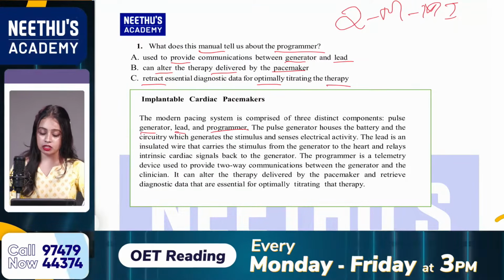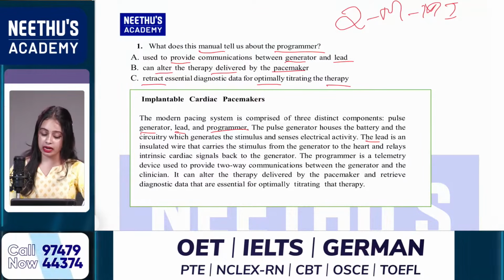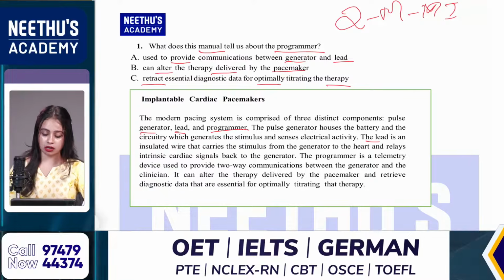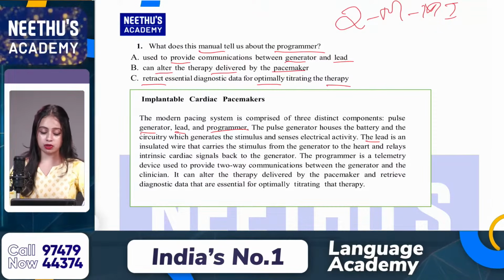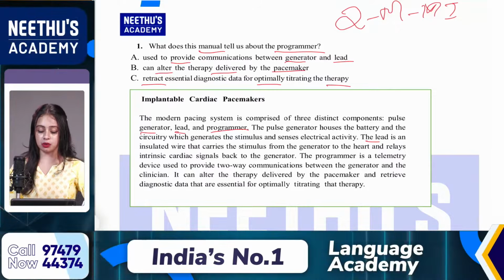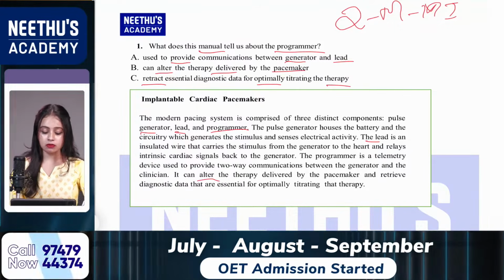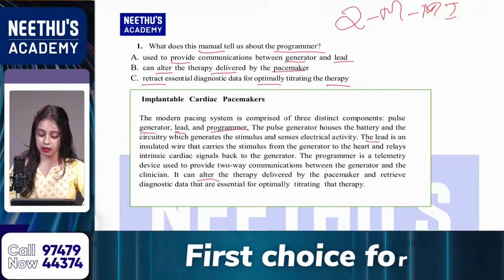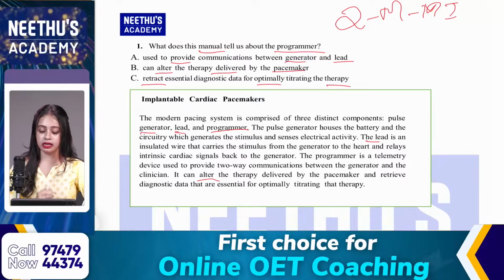The lead is an insulated wire that carries the stimulus from the generator to the heart and relays intrinsic cardiac signals back to the generator.